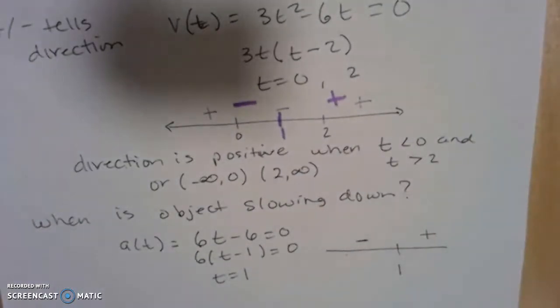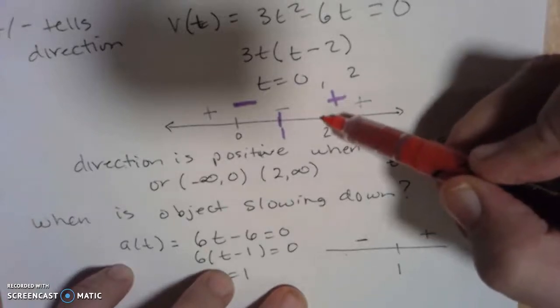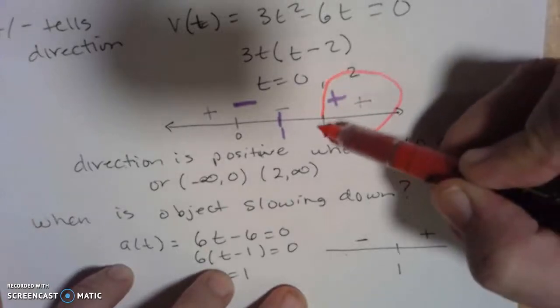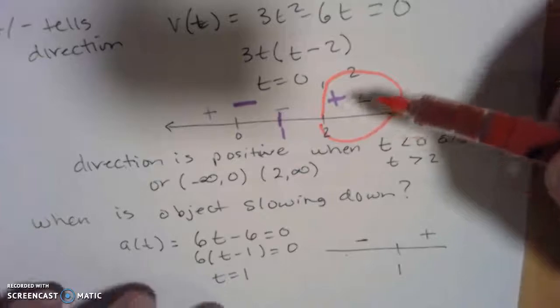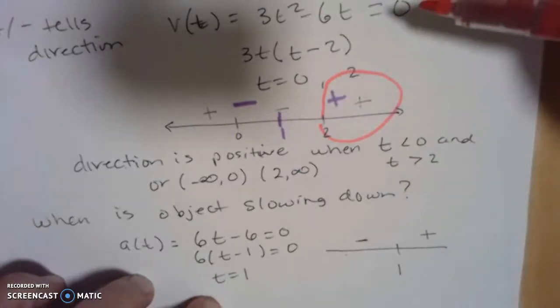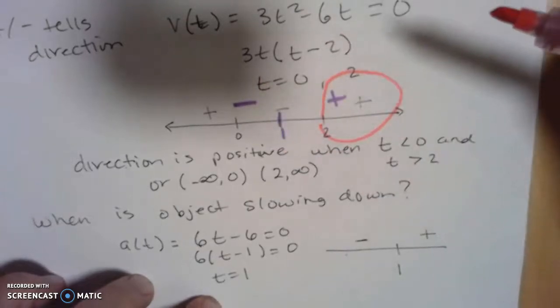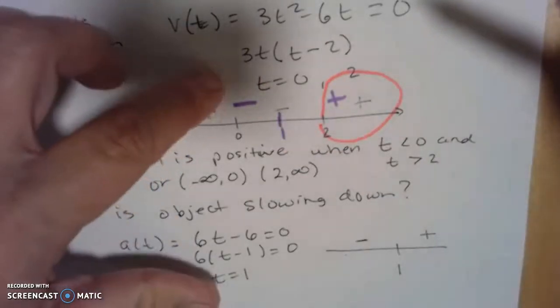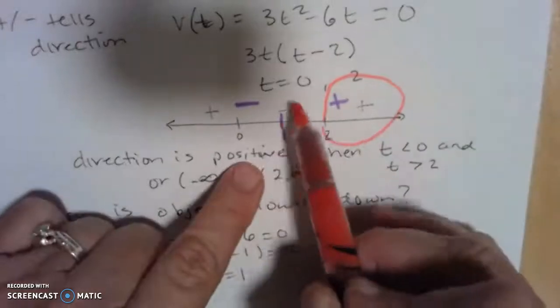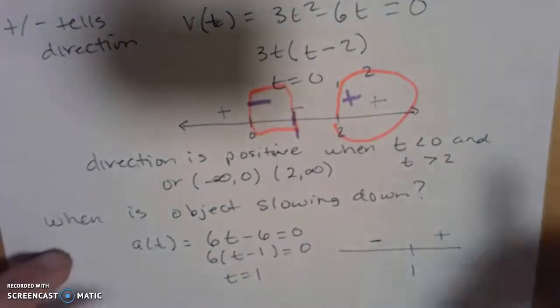So where do these two equations have the same sign? They have the same sign after 2. And they also have the same sign between 0 and 1.